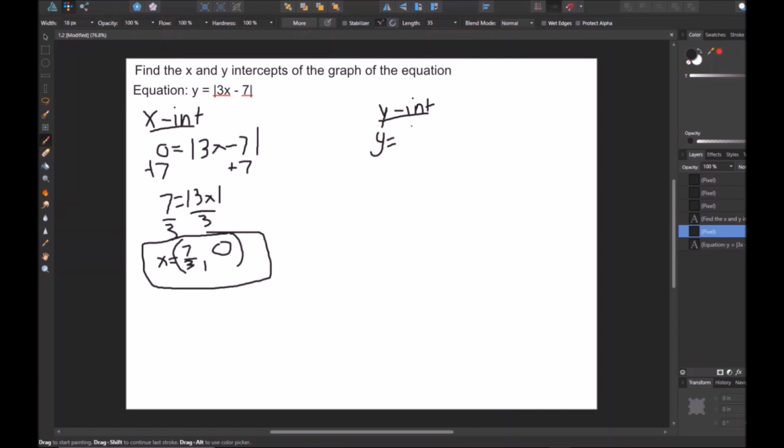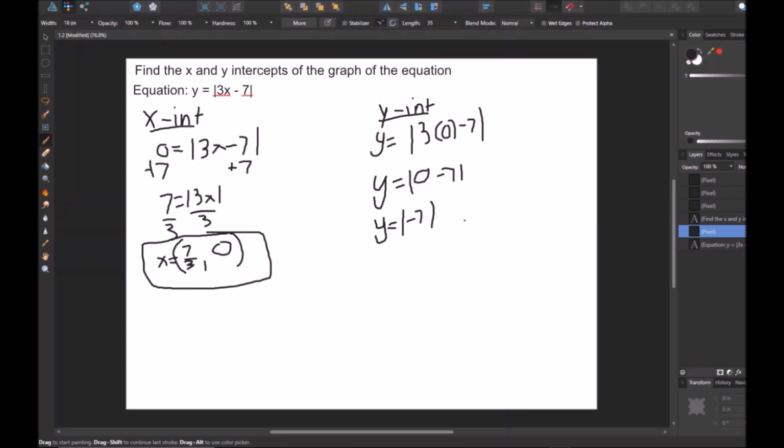So we have y equals the absolute value of 3 times 0 minus 7. So then we have the absolute value of 3 times 0, which is just 0, minus 7. 0 minus 7 is negative 7. So we have y equals the absolute value of negative 7.